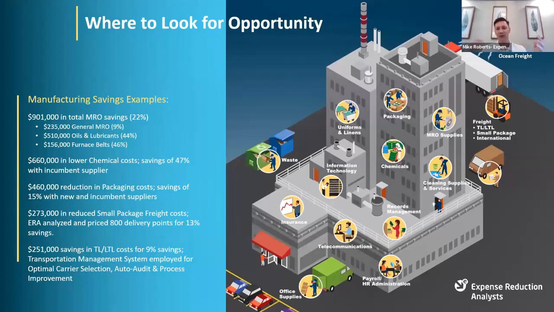So this just kind of goes through an example, and obviously this was a larger business that we've worked with. They were on the manufacturing side, but it shows you all the different areas we were able to deliver savings, and how impactful this process can be in a business when you bring in someone that's an expert in these areas. Yeah, that's huge.